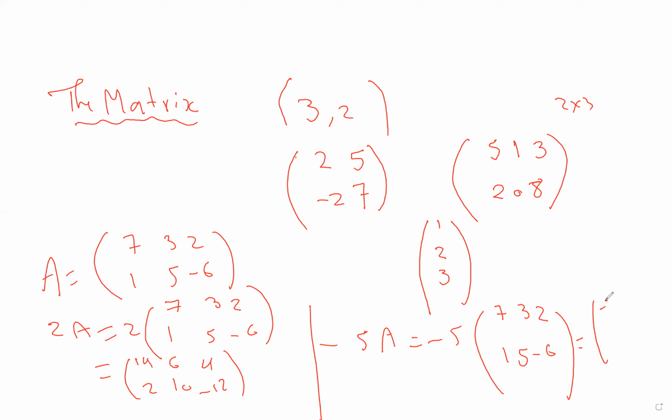It will be negative 35 negative 15 negative 10 negative 5 negative 25 positive 30.